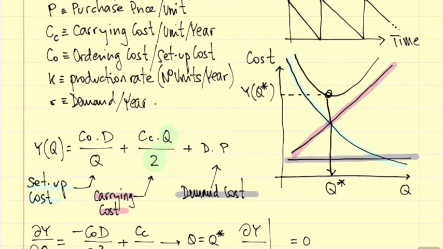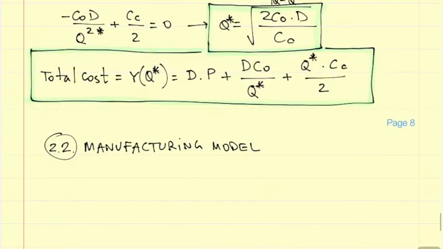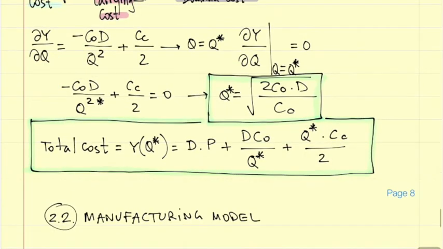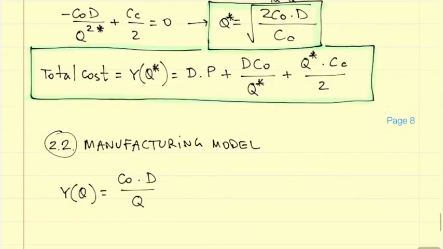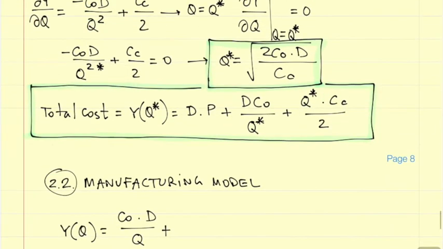And the whole y equation, y of Q, is going to be slightly different. The CO times T divided by Q is similar. The setup cost is the same because you have the same cost, but the carrying cost is going to be slightly different.